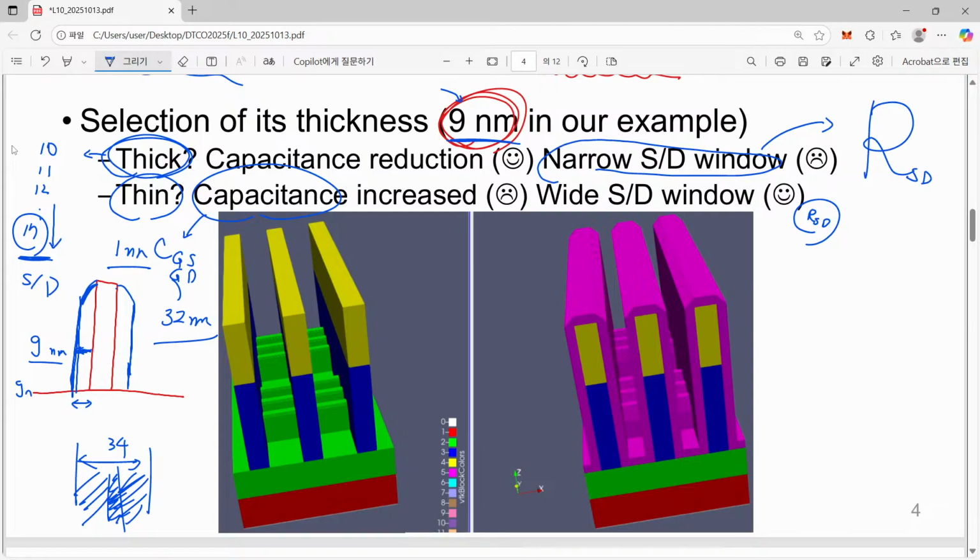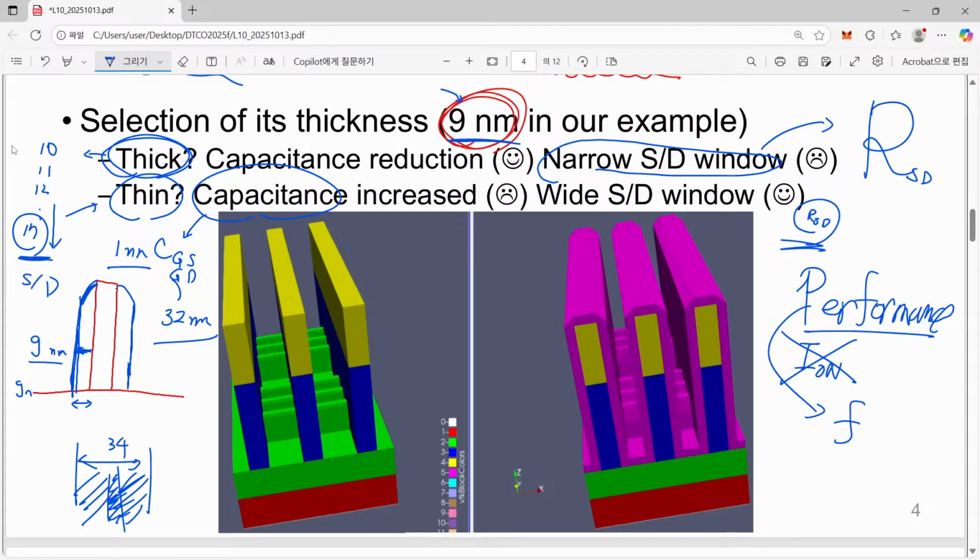So maybe you can think about this one. Well, anyway, the more important one is resistance. So let's just make this selection, but that is a wrong assumption. So nowadays the important one is called performance, and this performance is not our on-current itself, but performance is measured as the frequency of our operation.